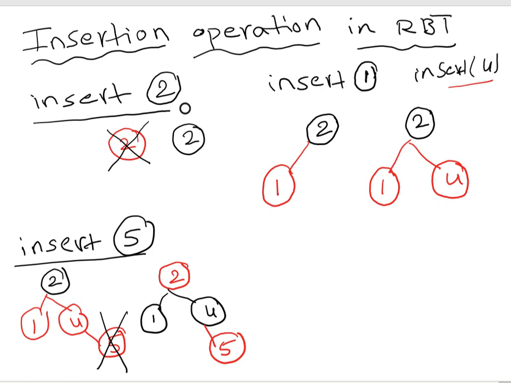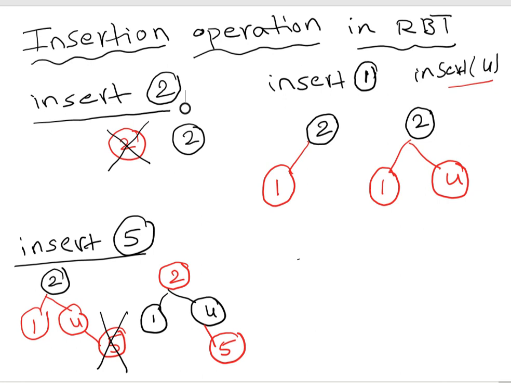Yes, sir. This is also wrong. Why? The root node should be black. We call this a red black tree. And we can write one more case. What may be the one more case?